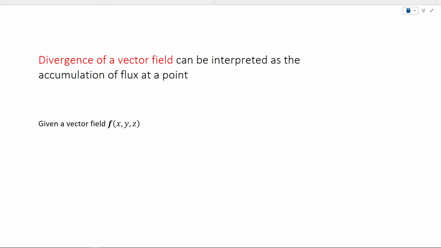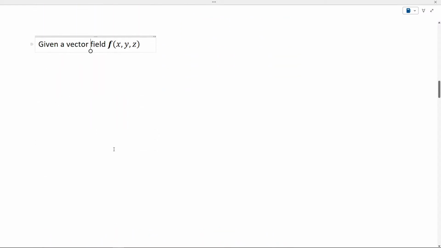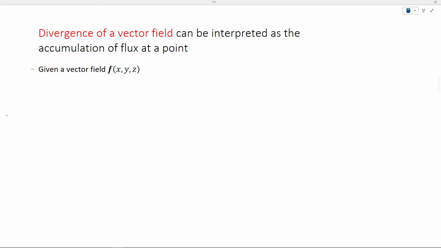What do we have here? We have a function giving a vector field. Remember what we did before, we were given a scalar function. But here, you see this bold, remember, I told you that's a vector function. So what would the vector function look like?